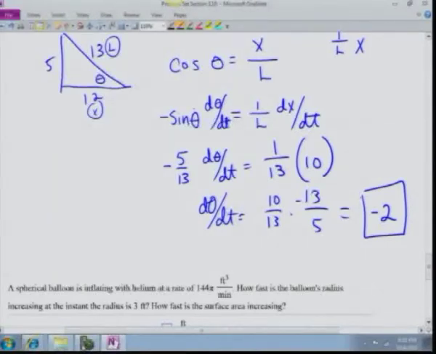With calculus, it's all about instantaneous rates. When this is this far, it's changing at a rate, and this is changing at a rate. They may or may not be the same thing. How fast is that thing changing at the moment that the bottom of this is 12 feet away?